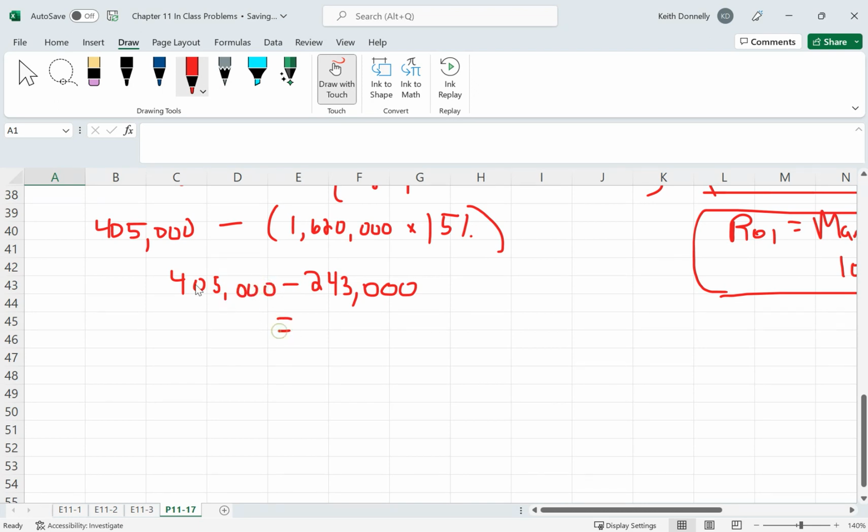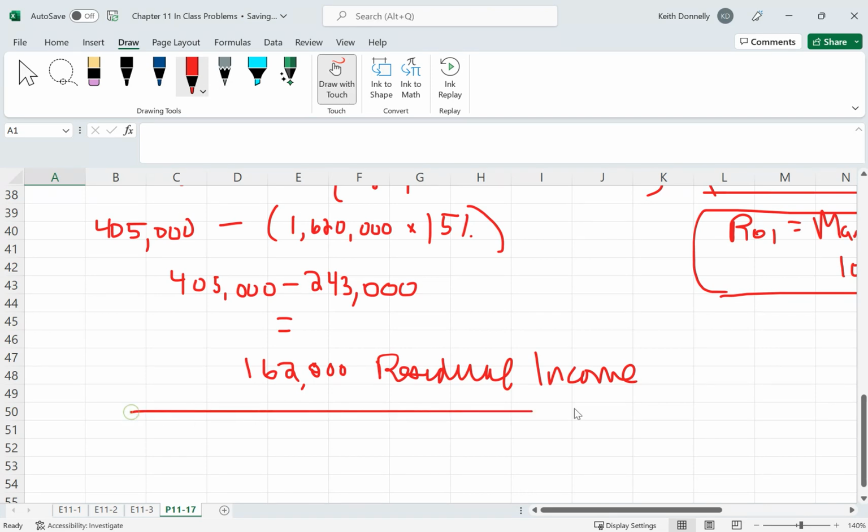When you do the 405 minus the 243, you're going to be looking at 162,000 of residual income.